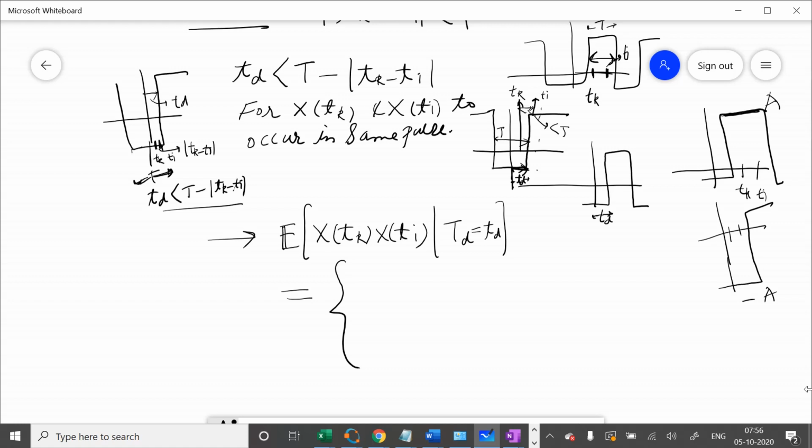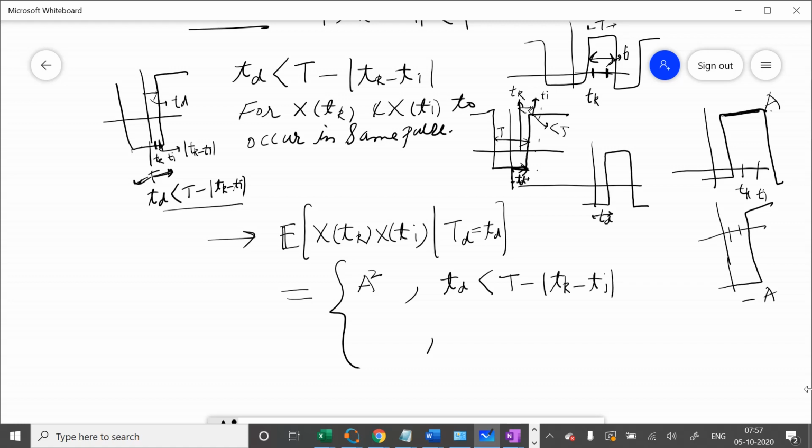So x of tk can be a, x of ti will be a, or x of tk is minus a, x of ti is minus a. In both the cases the product will be a square. And for them to be in the same pulse, you know the condition that this TD is less than T minus mod of Tk minus Ti.